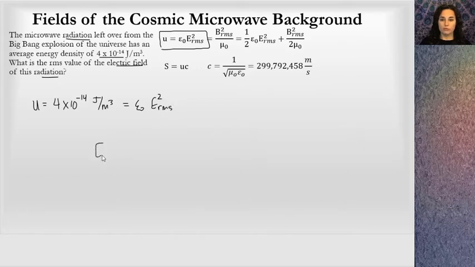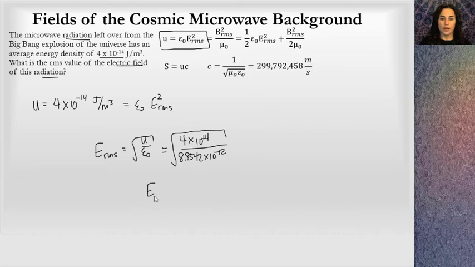So I'm going to solve for E_RMS. E_RMS equals the square root of the energy density divided by epsilon naught. So I can plug things in here, 4 times 10 to the negative 14th. I'm going to divide that by epsilon naught, which is 8.8542 times 10 to the negative 12th. And there's some constants in there. You can work those out for yourself if you'd like to.